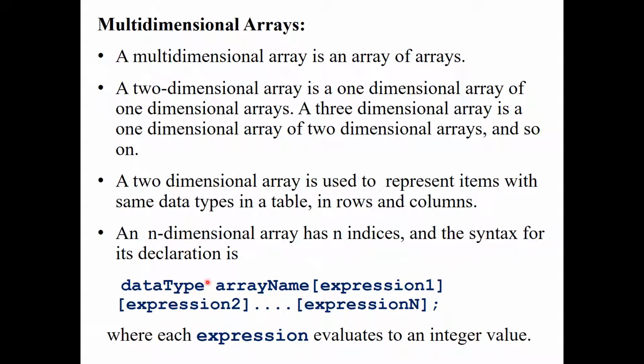So first you will mention the data type, what kind of data you are going to store in this array, then the name of the array which you will define, and then the dimensions of the array, that is, the maximum number of elements in the array for a particular dimension. So expression 1, expression 2 and up to expression n, where each expression evaluates to an integer value. This can be 10, this can be 100, this can be 5, this can be 6, but it has to be an integer value. So that is how you declare a multidimensional array.